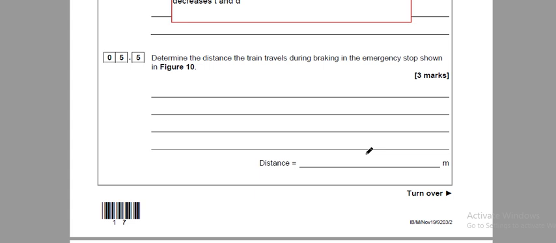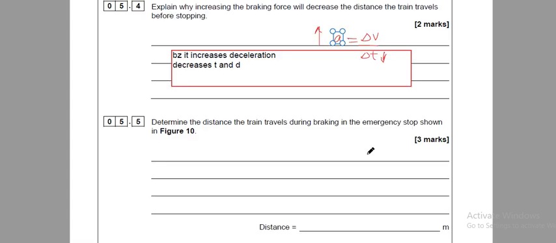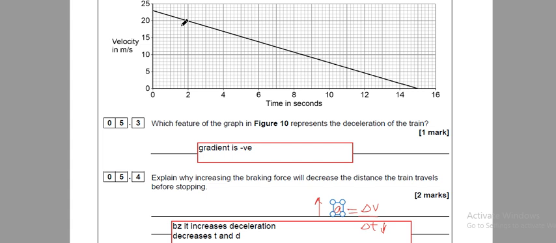Determine the distance the train travels during braking in the emergency stop shown in figure 10. It will be the area under the v-t graph. So the area of this triangle is half the base, which here is 15, because this large square is 2, so the small square is 1, so 14, here is 15.